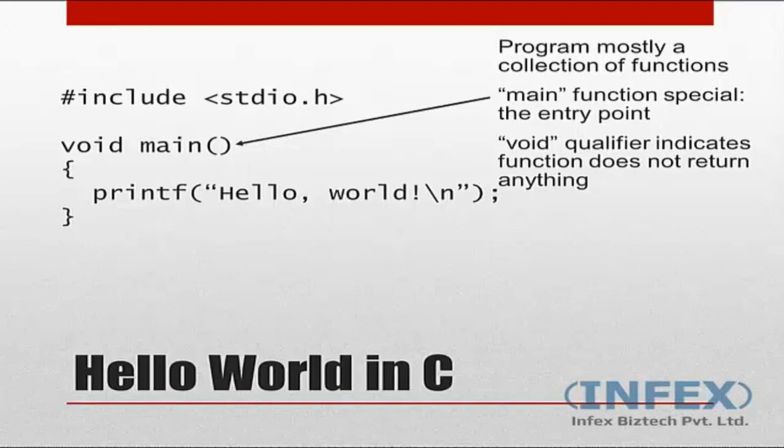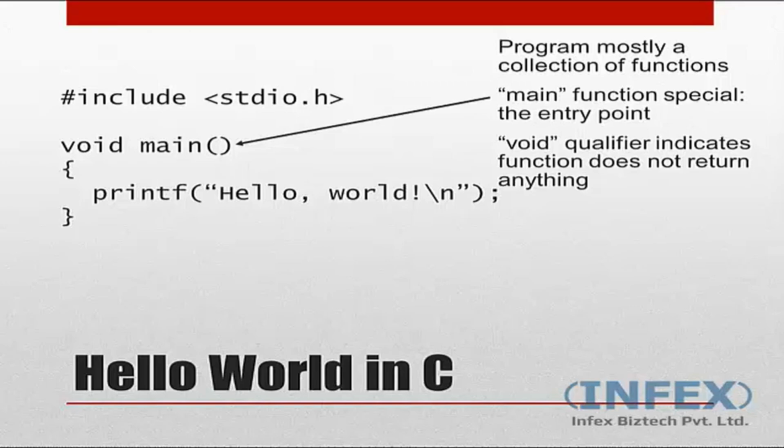A program is mostly a collection of functions. Here the main function is a special entry point because the C compiler knows that we have to start executing the program from the main function.